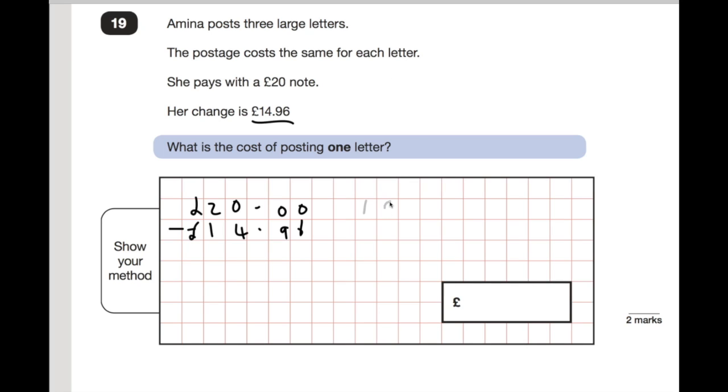And after that, we then take away the remaining £14. So £19.04 take away £14 is £5.04. So that's the cost of posting 3 letters. So in order to find the cost of posting 1, we're going to need to divide £5.04 by 3.